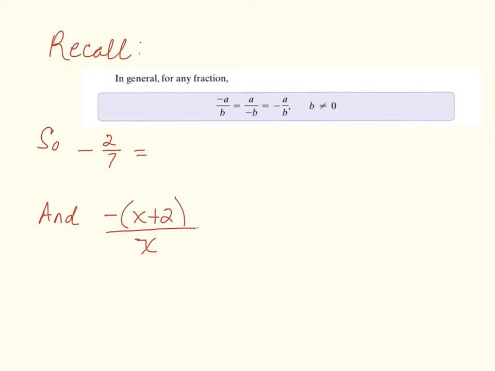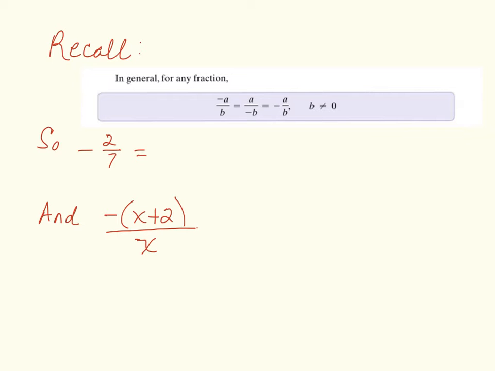So notice what's happening with the negative sign. If the numerator or denominator has a negative sign, then you can move that negative sign from the numerator to the denominator, or from the denominator to the numerator, or you can move the negative sign in front of the fraction.